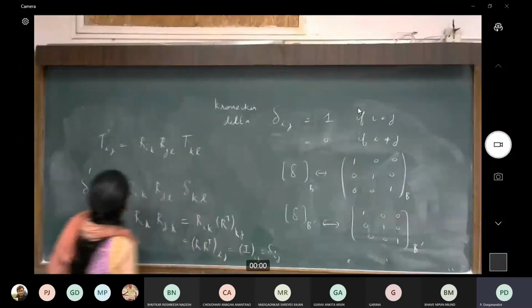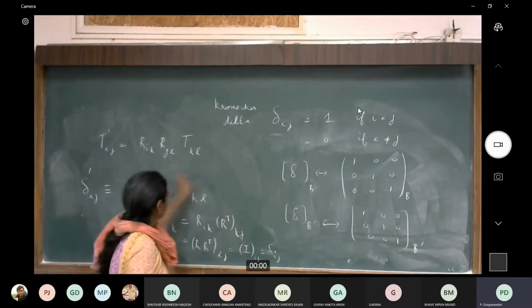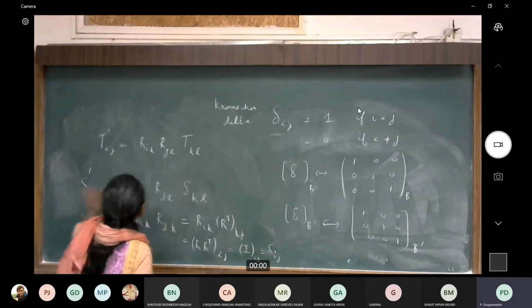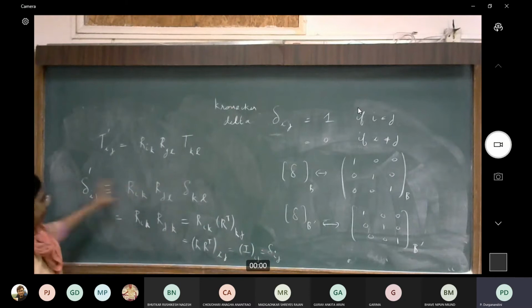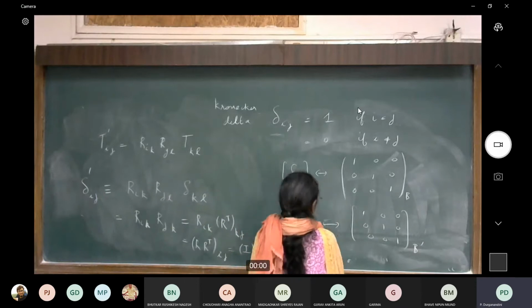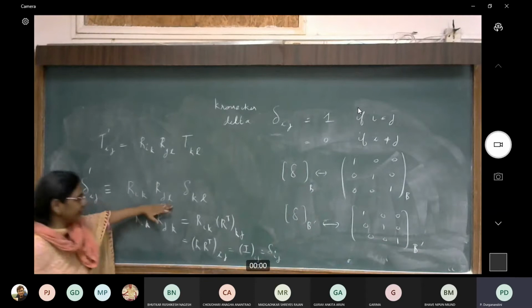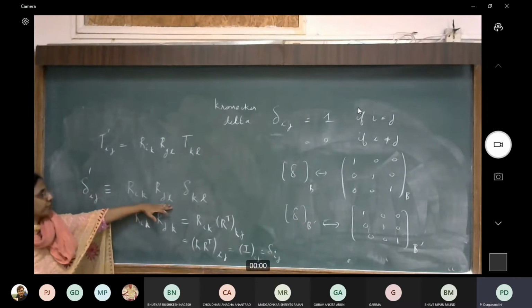So first of all, I find that my delta transforms, because this exactly is satisfying my definition. Because I find that delta prime ij, delta with respect to B and delta with respect to B prime are the same, and it satisfies really my transformation property of the second rank tensor.